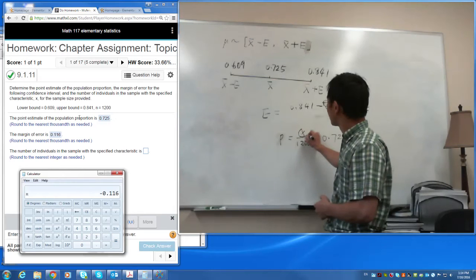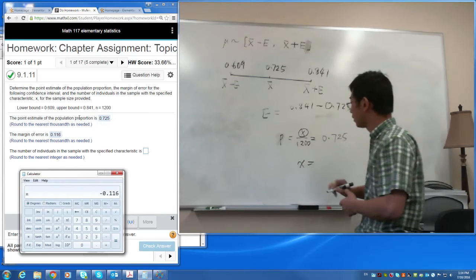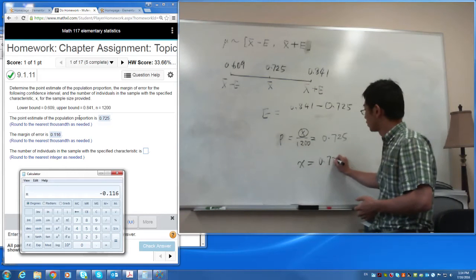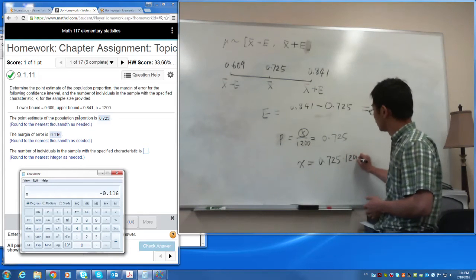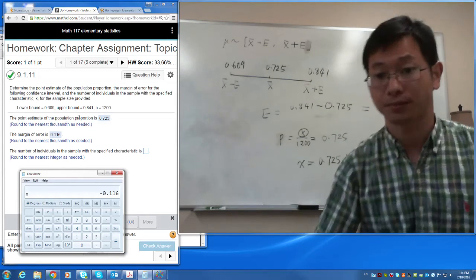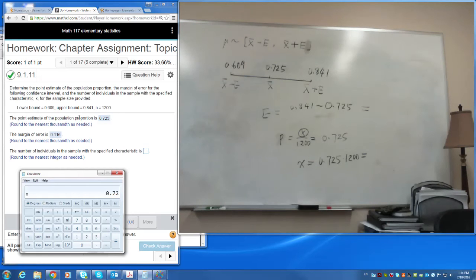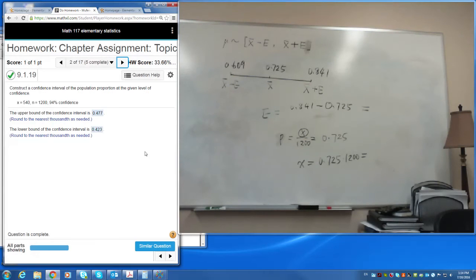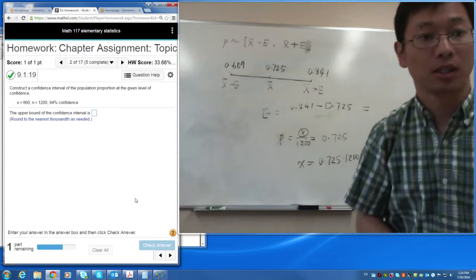I want to know what x is, the number of the sample. X equals 0.725 times 1200, which is 870, which is nice.